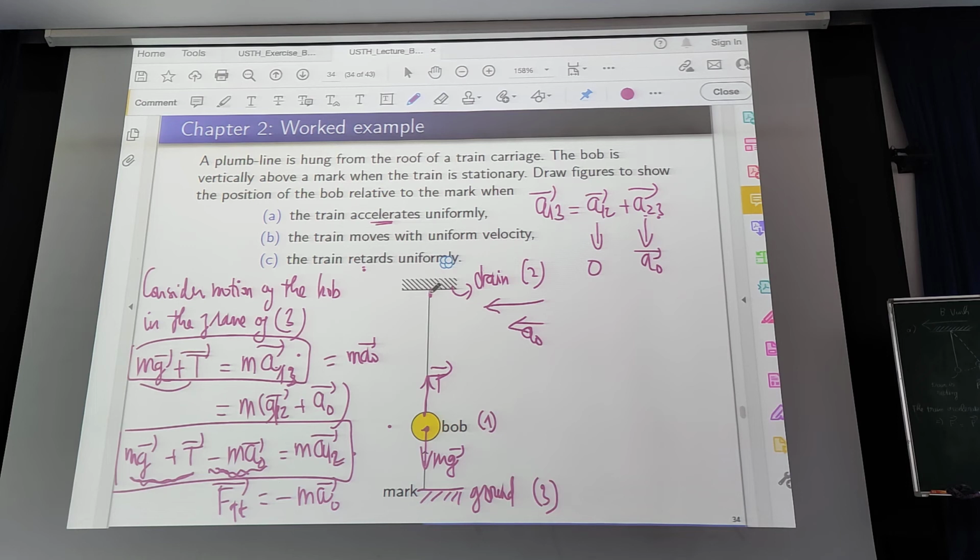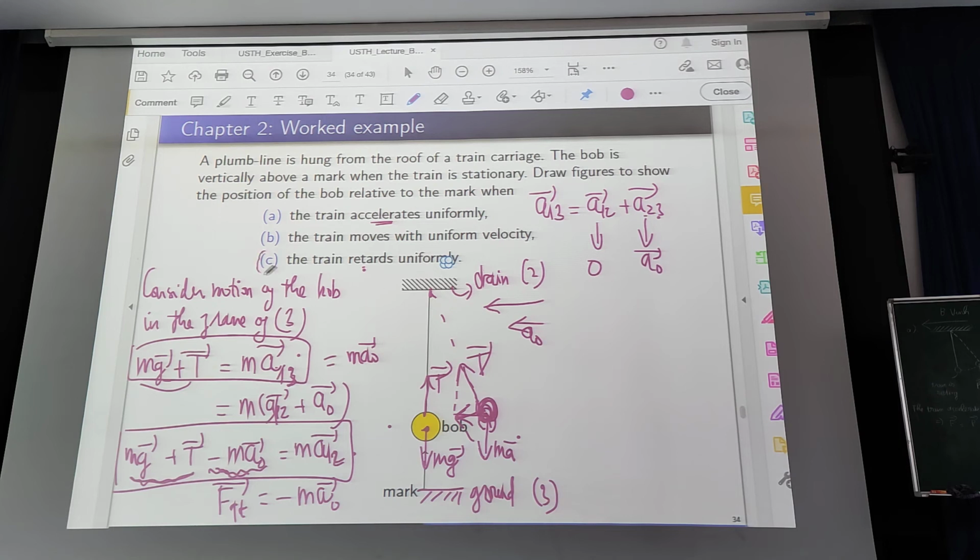So the bulk needs to be in this direction, so that T and mg have some vector going to the left. Okay? So in this case, I have to go to this.